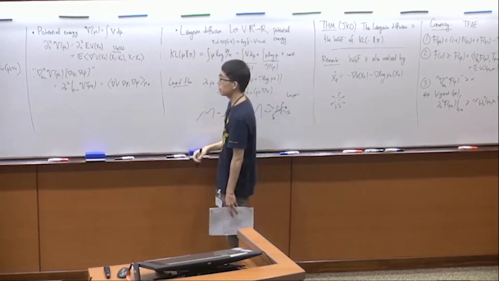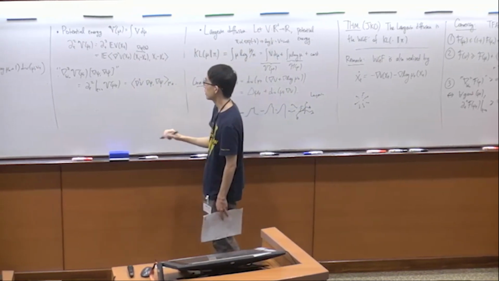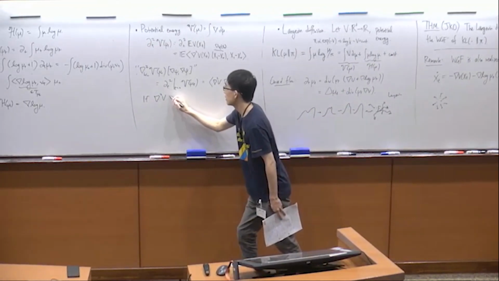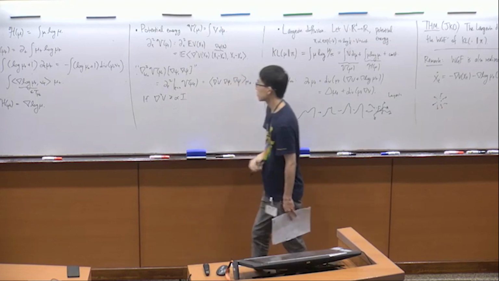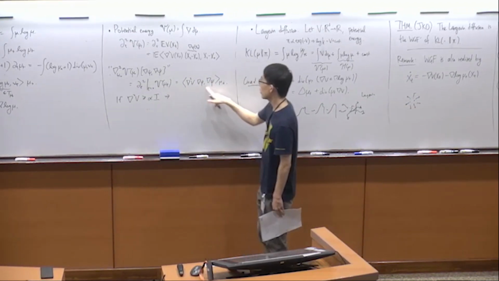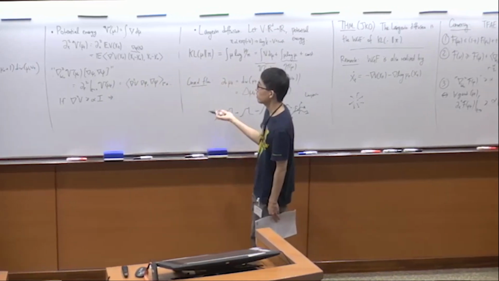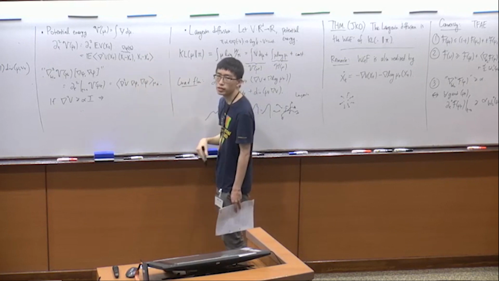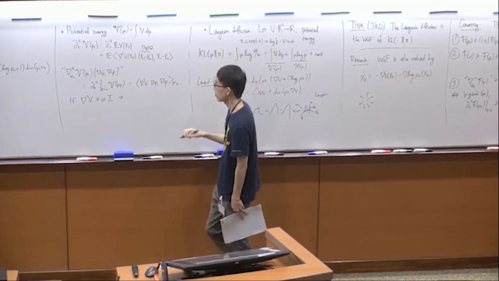In particular, if you just look at this expression, if the Hessian of V is lower bounded, like if V is strongly convex, then this quadratic form for the Wasserstein Hessian of the potential energy is also lower bounded by alpha times the tangent norm squared.